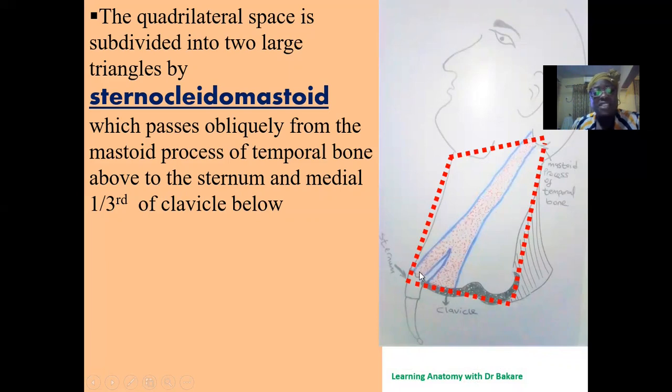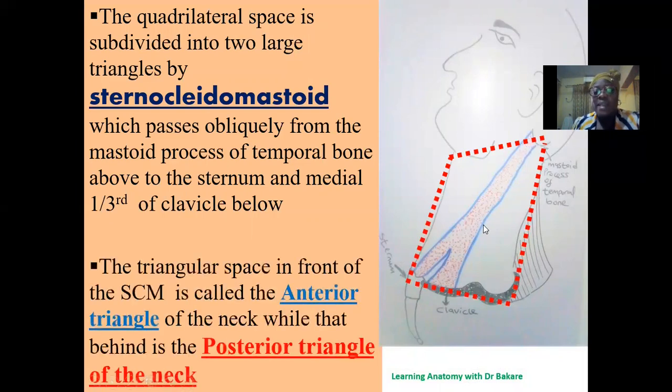The first insertion is on the sternum, while the second insertion point is on the medial 1/3 of the clavicle. And that is why we have the name sternocleidomastoid.